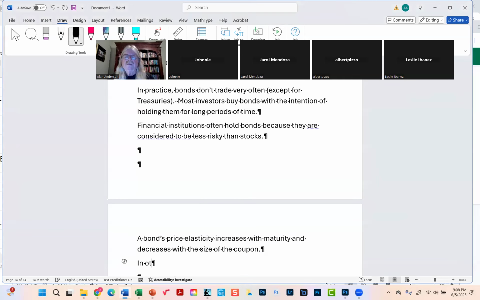In other words, zero coupon bonds are the riskiest, and high coupon bonds are the safest, all other things being equal.